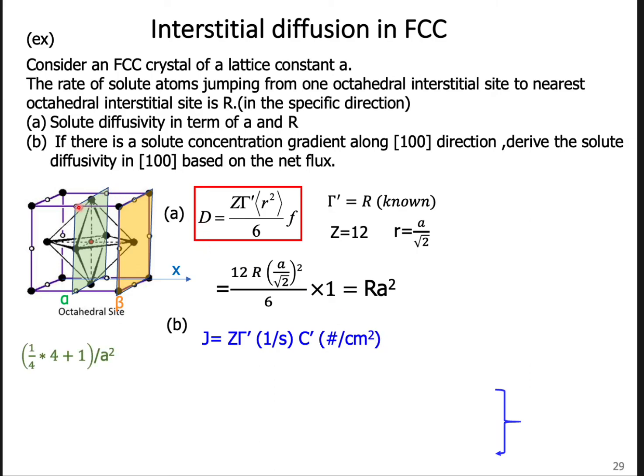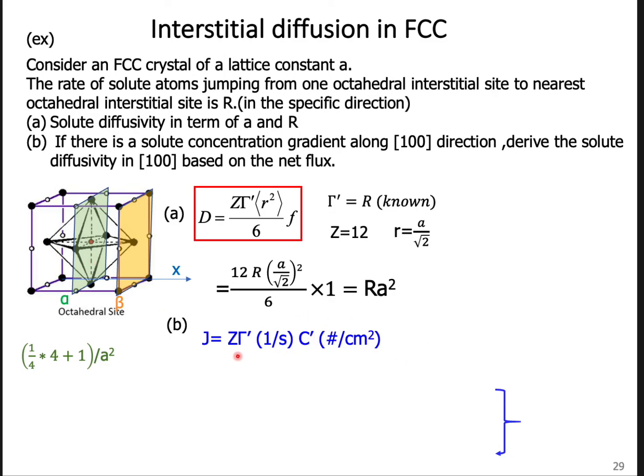For this interstitial site, you got 1, 2, 3, 4 at the corner, so 4 times a quarter, and at the center, this one is 1. So you got 2, and the area is a squared. So here you got 2 over a squared.